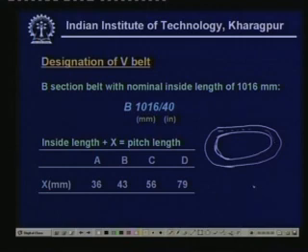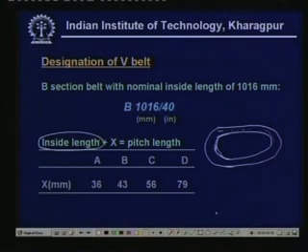By the formula we have learnt earlier, we can determine the pitch length, and by use of this chart we have to find out the inside length. The computed inside length should be chosen as the nearest one available in the design data book.